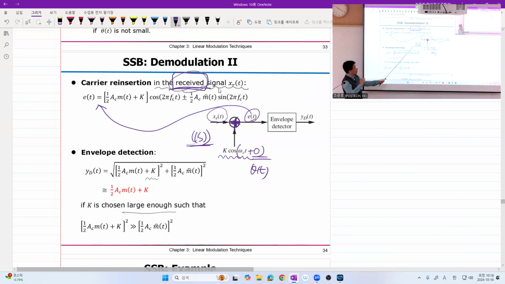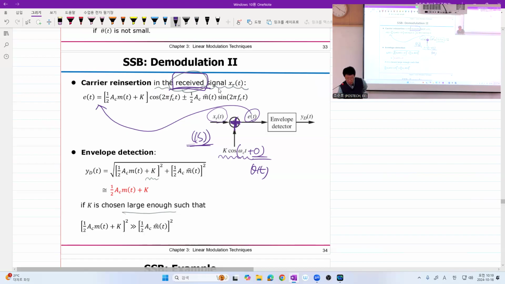So again, we simplified the situation to learn something. So what if we reinsert the carrier? Now, the output, E of t, can be written this way, right? So this carrier is added to the in-phase component of the received signal. Now, what if this E of t, not the received signal, this E of t is applied to an envelope detector?